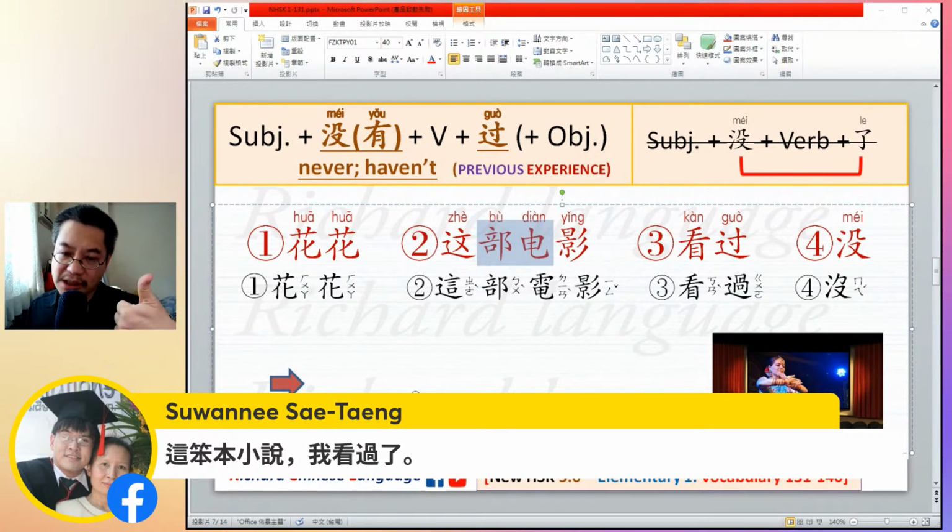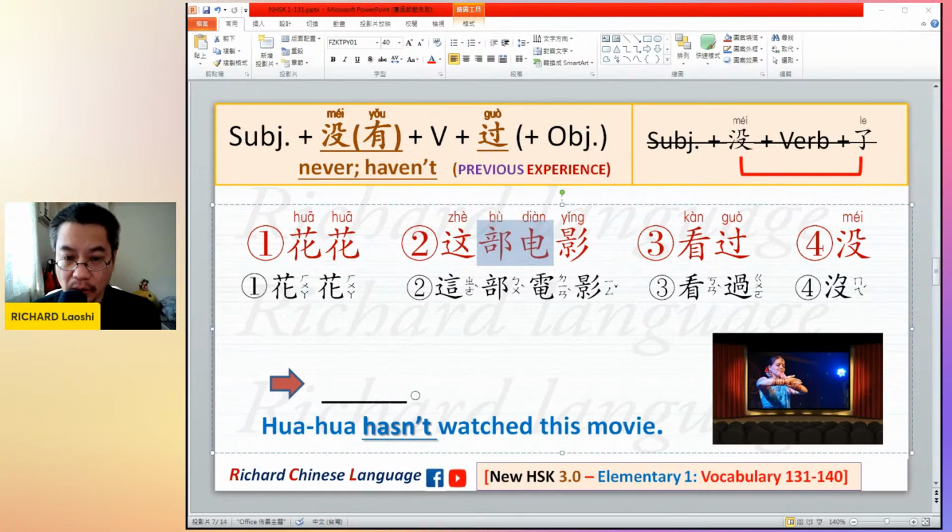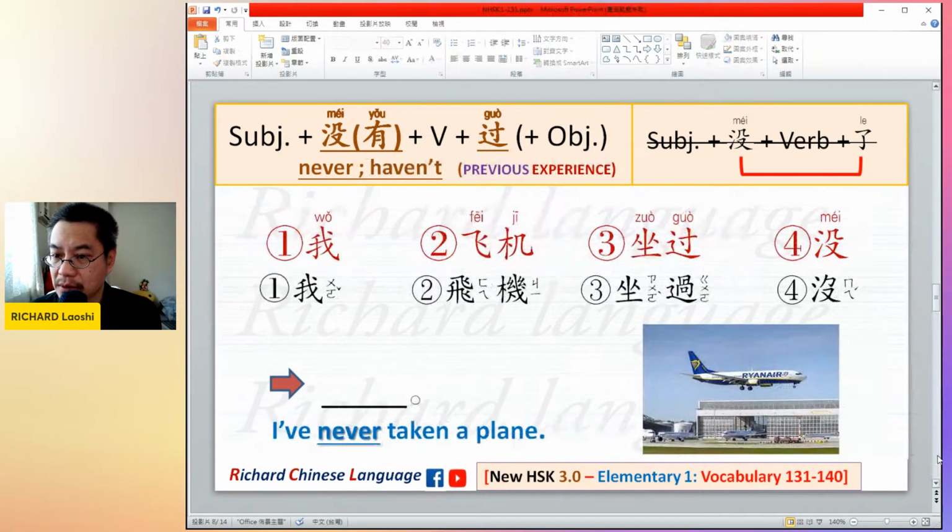Yeah, you can say that. Or you can say 我看过这本小说. 我 is the subject. 看过 means you have read this novel, your previous experience. Very good. 我看过这本小说. Okay, so let's continue.